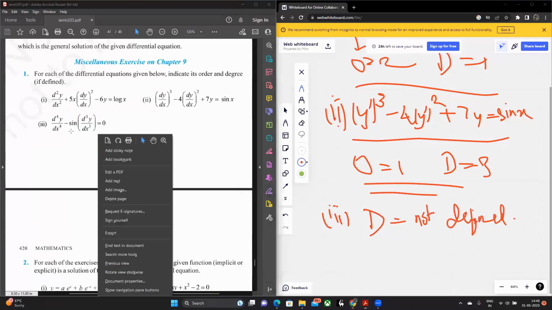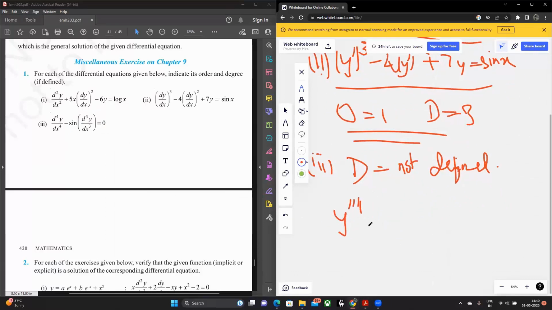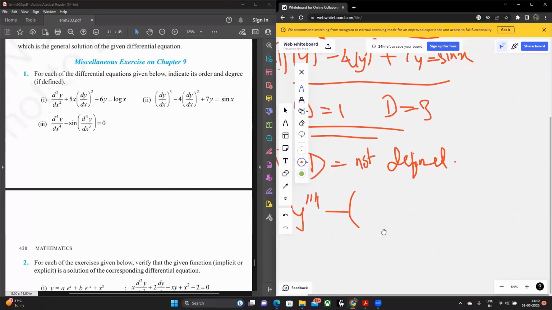Because if you expand the sine term, what you're going to get is y, d4y by dx4 minus... this is an infinite expansion.